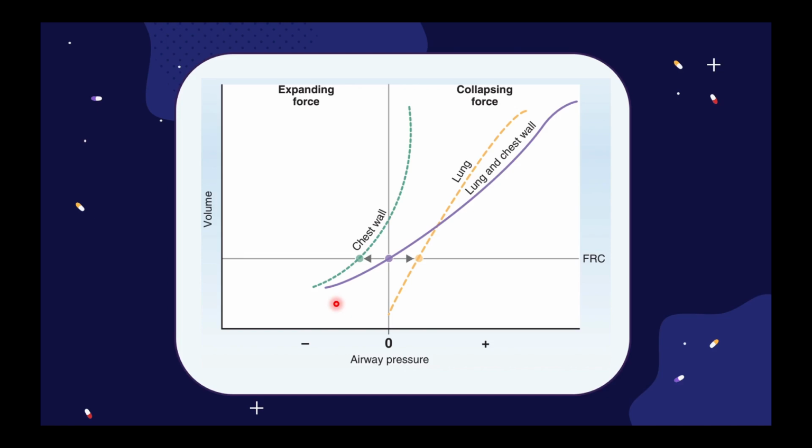Now, moving on to the lung and chest wall system, it has less compliance, that is a lower slope than both of them. And at FRC, the airway pressure is 0. So it's at equilibrium. It has no intention to either expand or collapse.